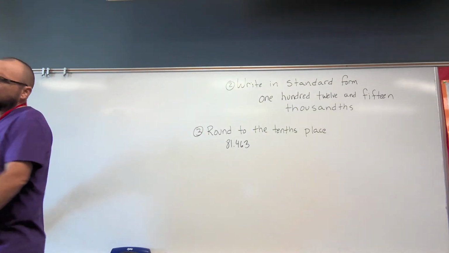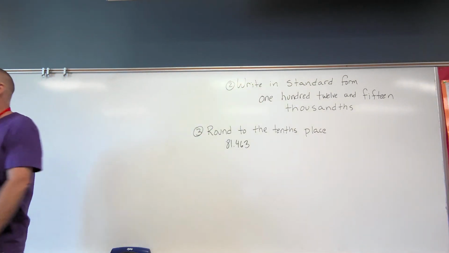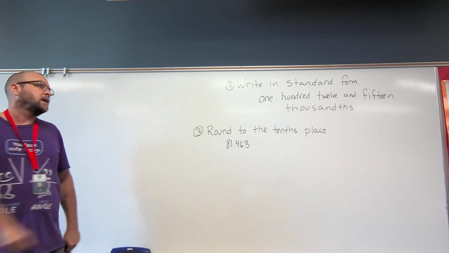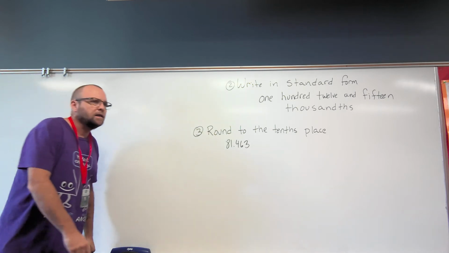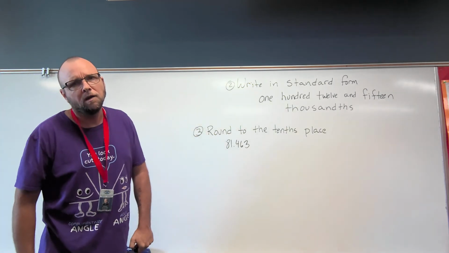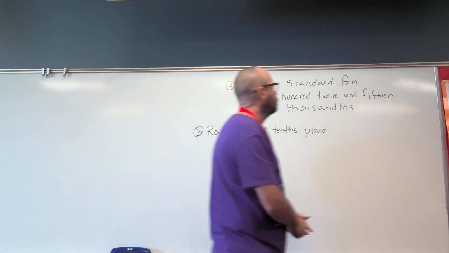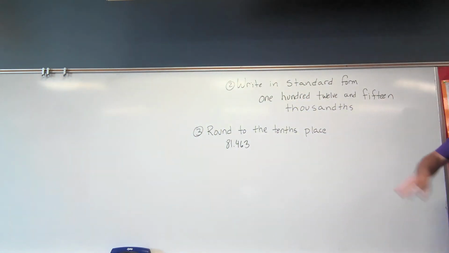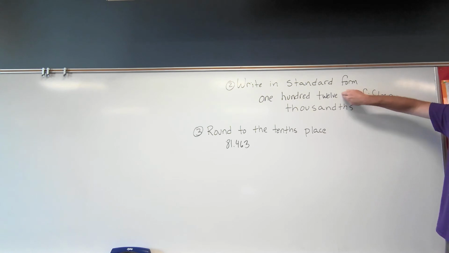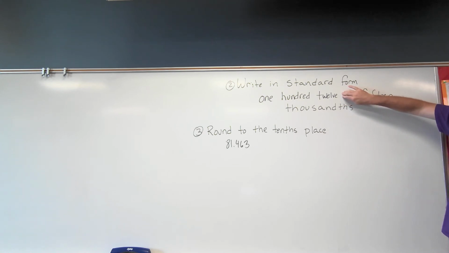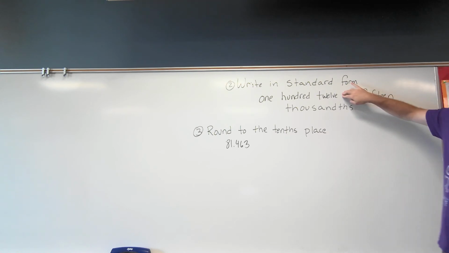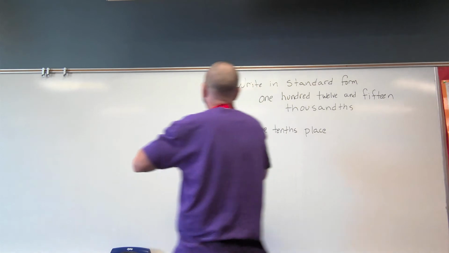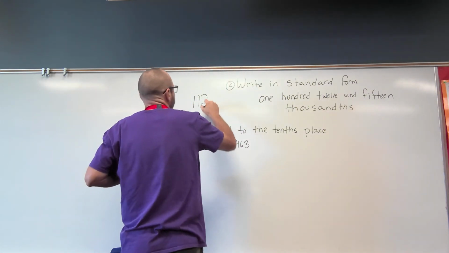All right, we are writing in standard form. When we write a number in standard form from word form, we find the and, and that's where we're going to stop first. In front of the and, it says what? 112. And we all know how to write 112.